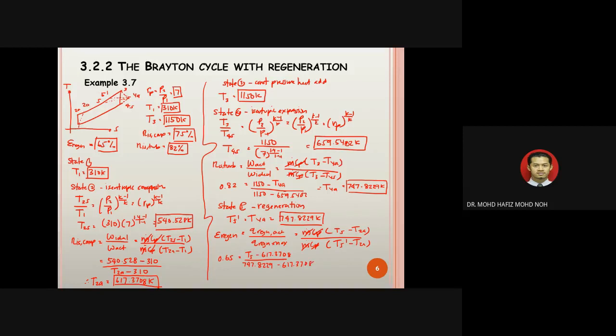So from here you get the value of T5, which is 702.1647 Kelvin. Alright guys, you have found all the properties at each state, and now you start answering the questions.